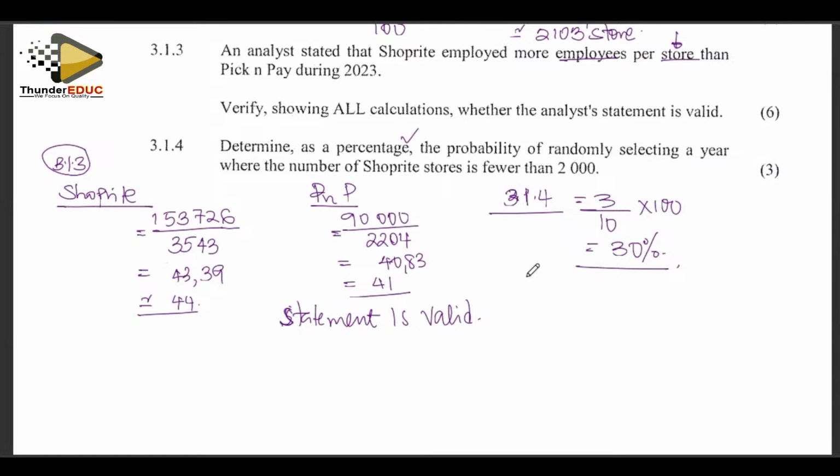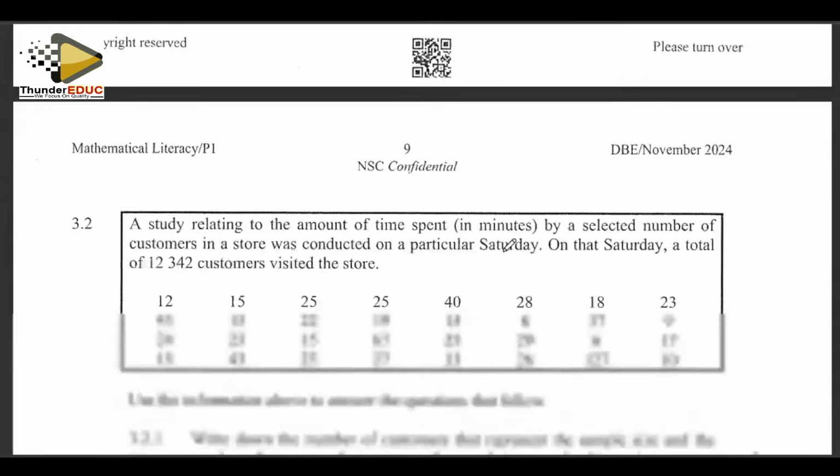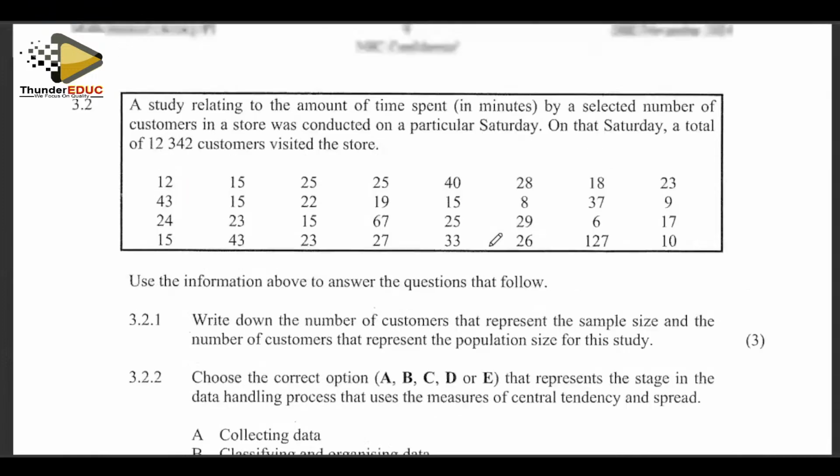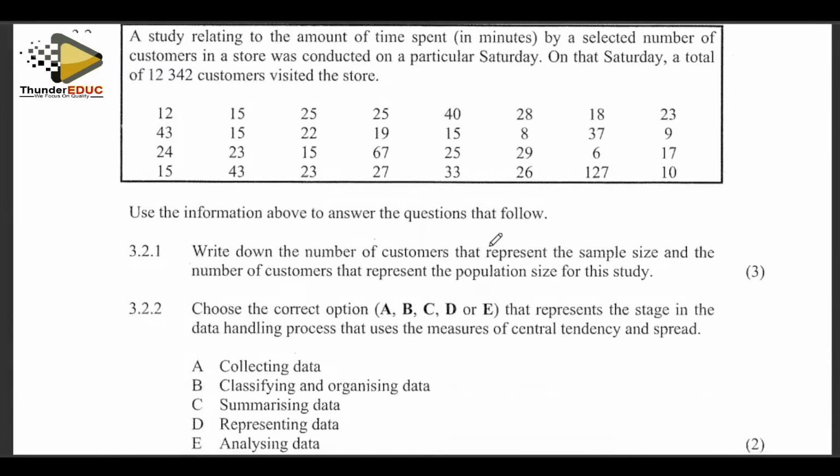All right. We go to question number 3.2, the data handling. They're telling us, a study relating to the amount of time spent in minutes by a selected number of customers in a store was conducted on a particular Saturday.